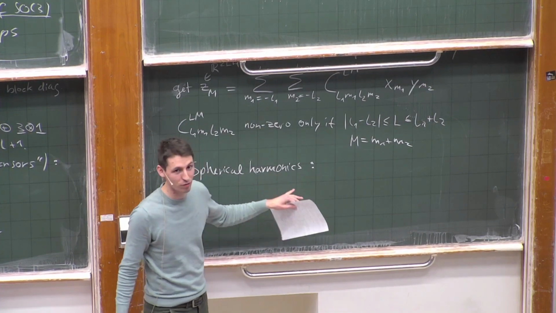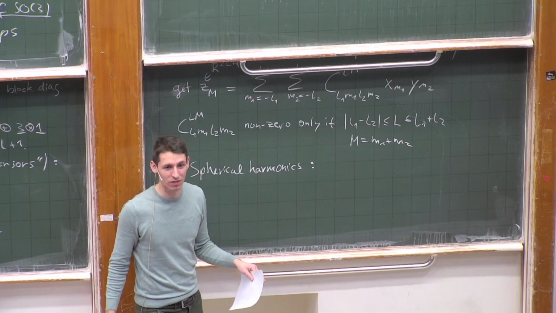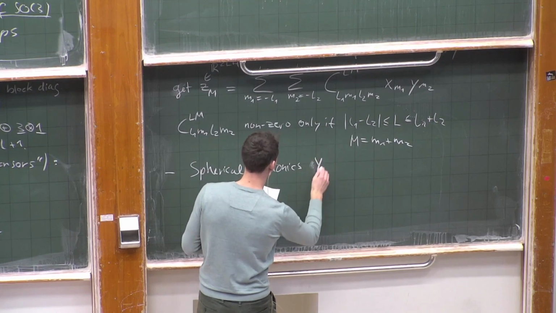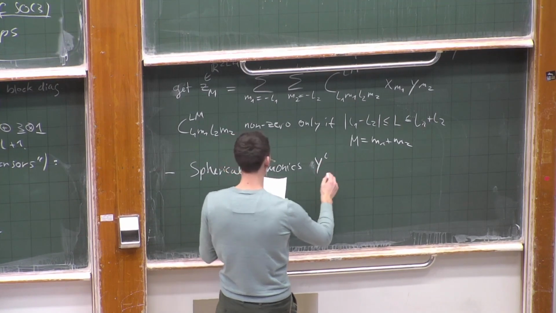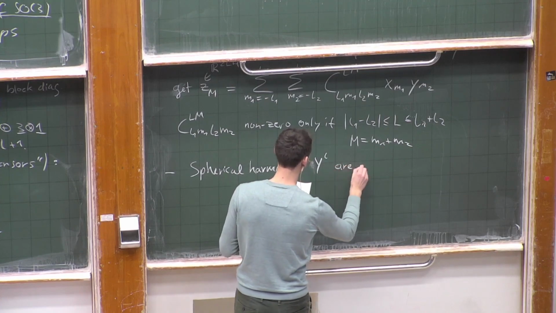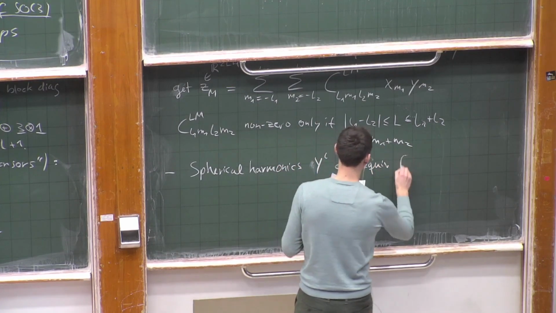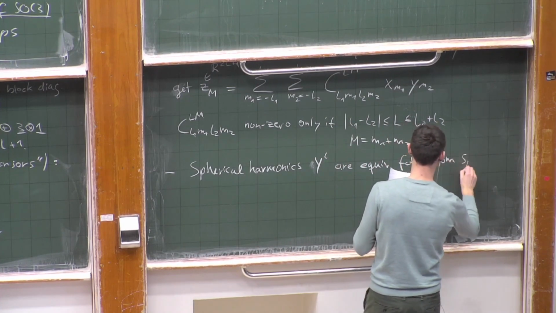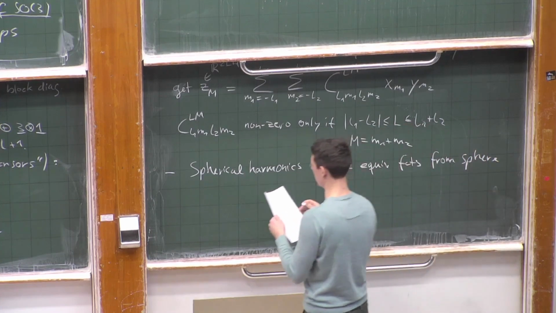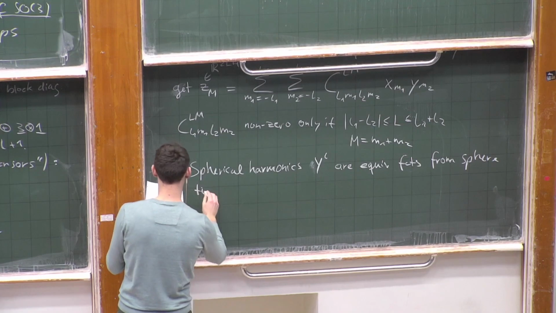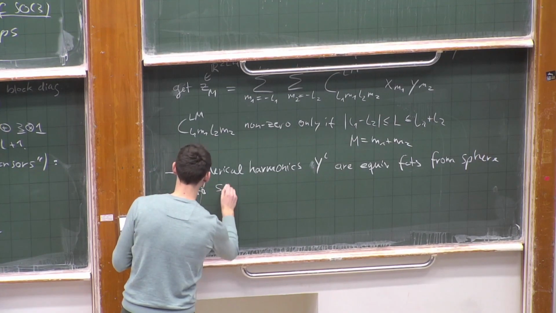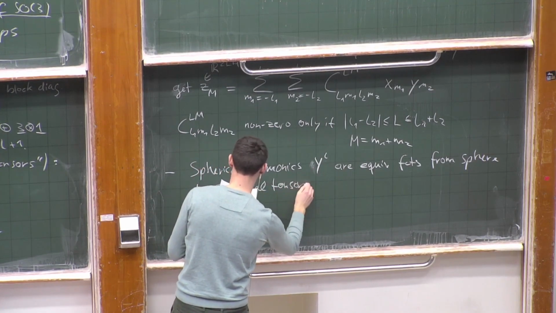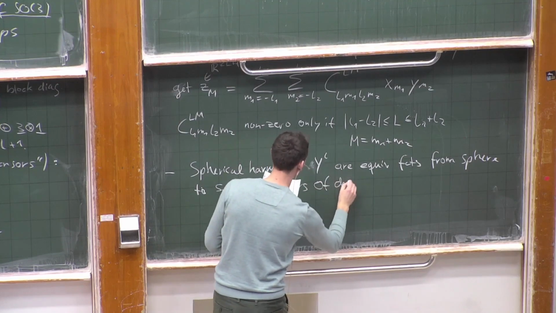For example, they also form an orthonormal basis for functions on the sphere. But for our case, we will look at these spherical harmonics, which I denote by this, as equivariant functions, which map from the sphere to spherical tensors of degree L.